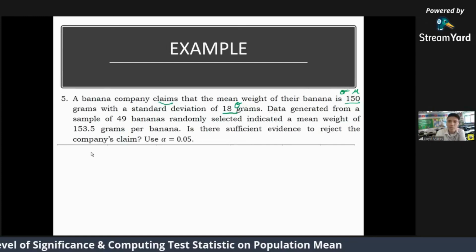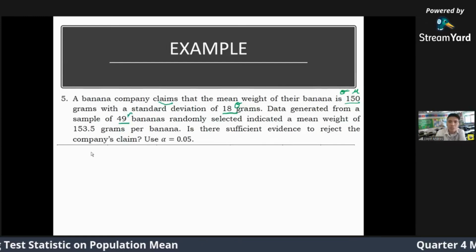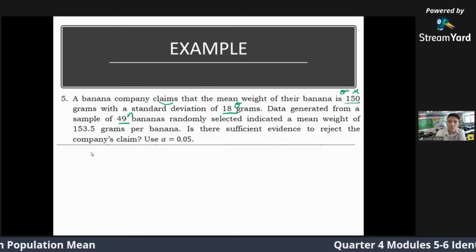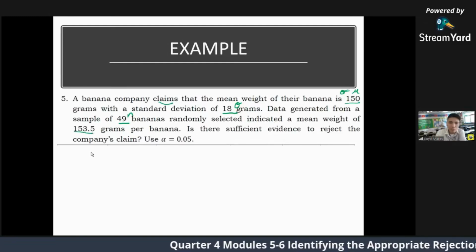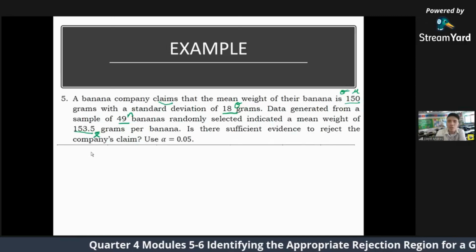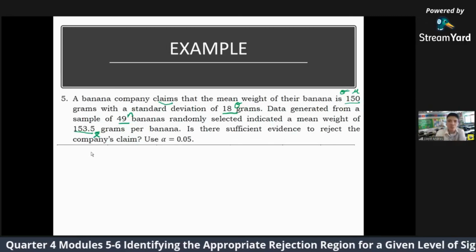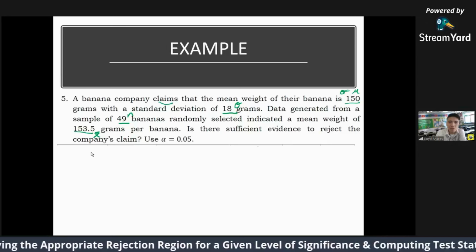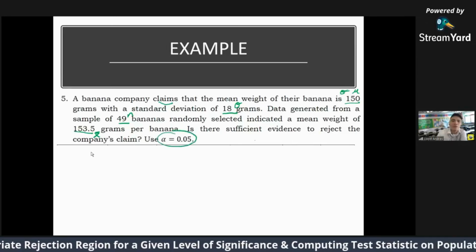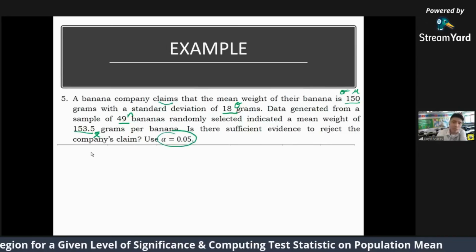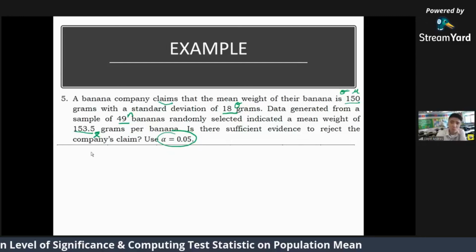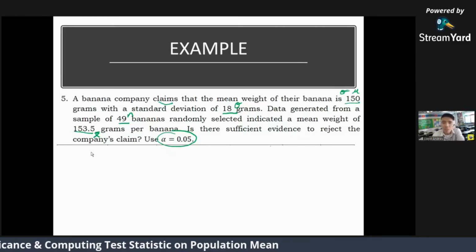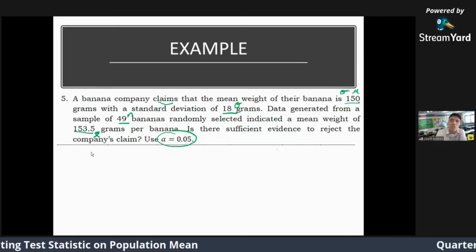The data gathered from a sample of 49, so this is our sample size. Randomly selected indicated that the mean weight is kani, mao na ning X bar. Sample man eh. Kato ganina population. Then, ang question is there sufficient evidence? Tapos ang alpha na ni is 0.05. So, ang first thing to determine is kung unsa nga test.